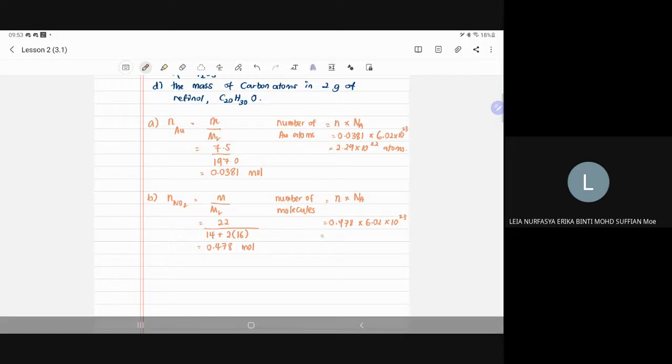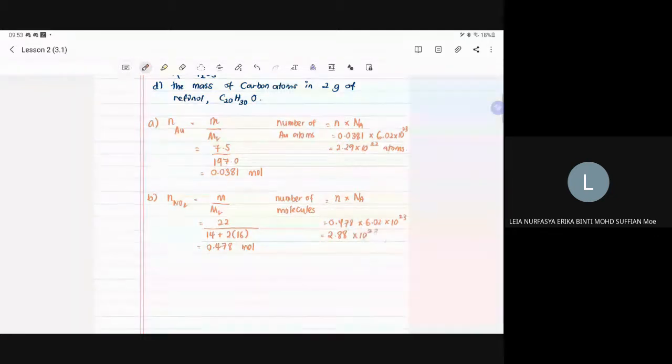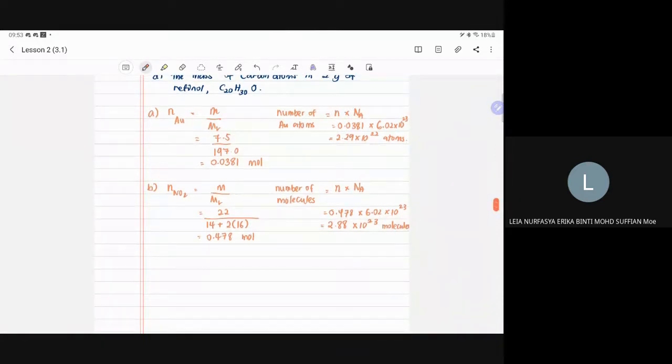You should get 2.88 times 10 to the power of 23 molecules. Itu adalah jawapan untuk this one, untuk B.